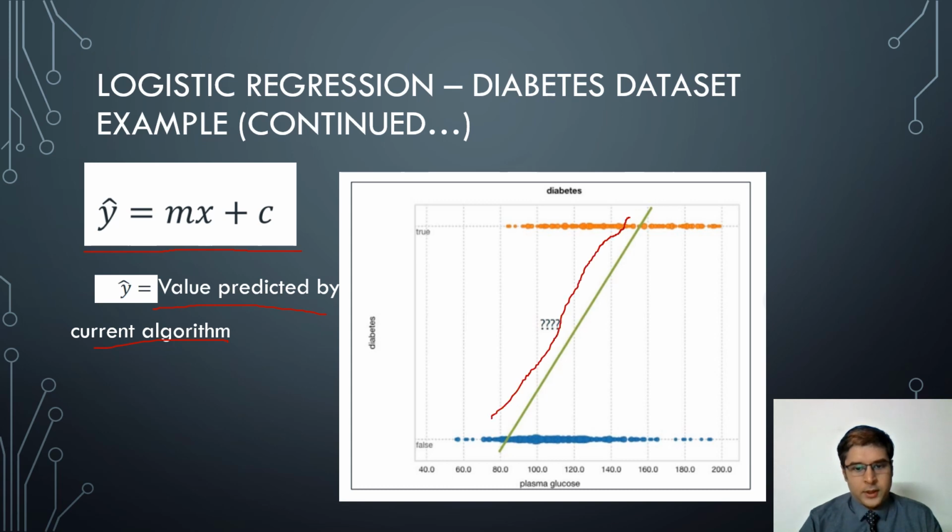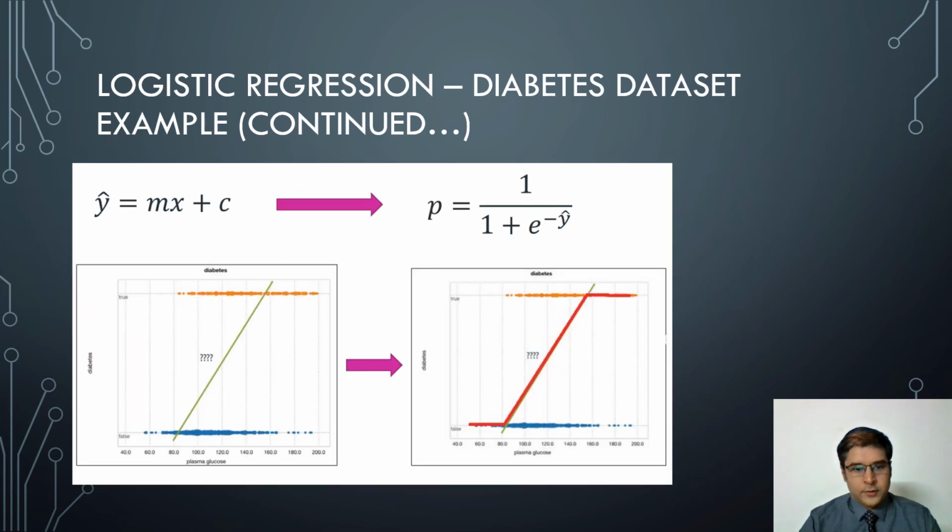But it won't be able to determine if the patient has diabetes or not because it is a sequence of values from here to here, and 1 is here and 0 is here, so it cannot differentiate between 1 and 0. So we transform this linear regression into logistic regression with this formula: p is equal to 1 by 1 plus e to the power minus y cap, where y cap is this already.